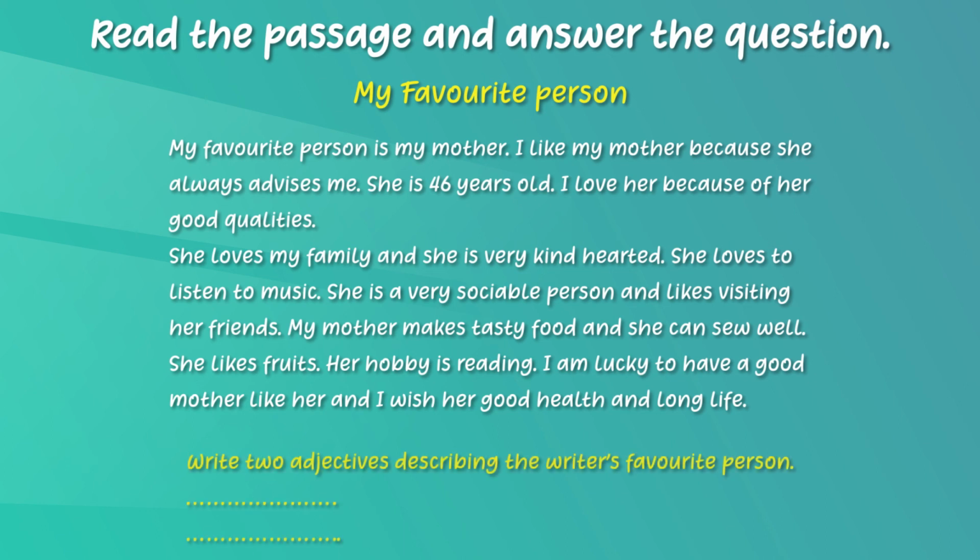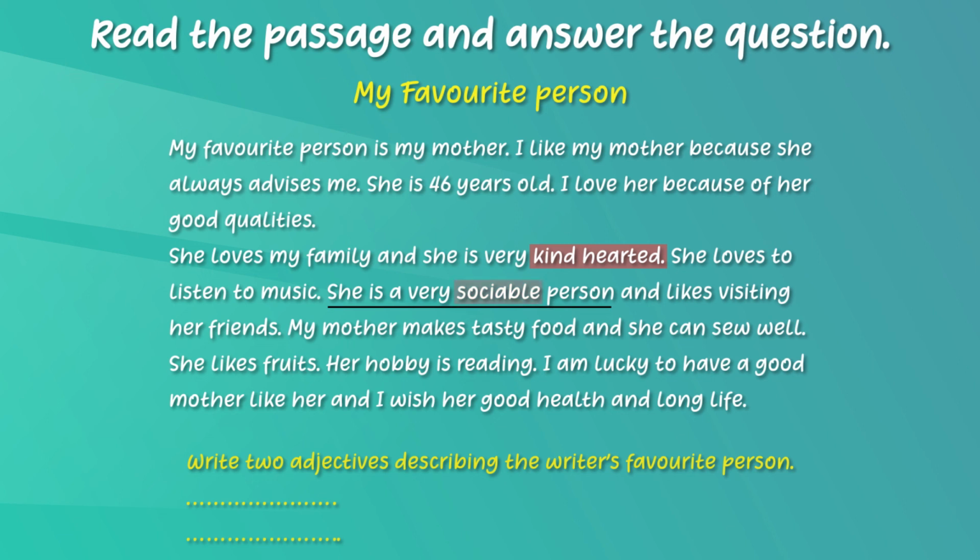The question says, write 2 adjectives describing the writer's favorite person. So do you get these 2 adjectives here in this reading passage? Look at the second paragraph. She loves my family and she is very kind-hearted. So there you have an adjective describing a quality. And then there is another one.